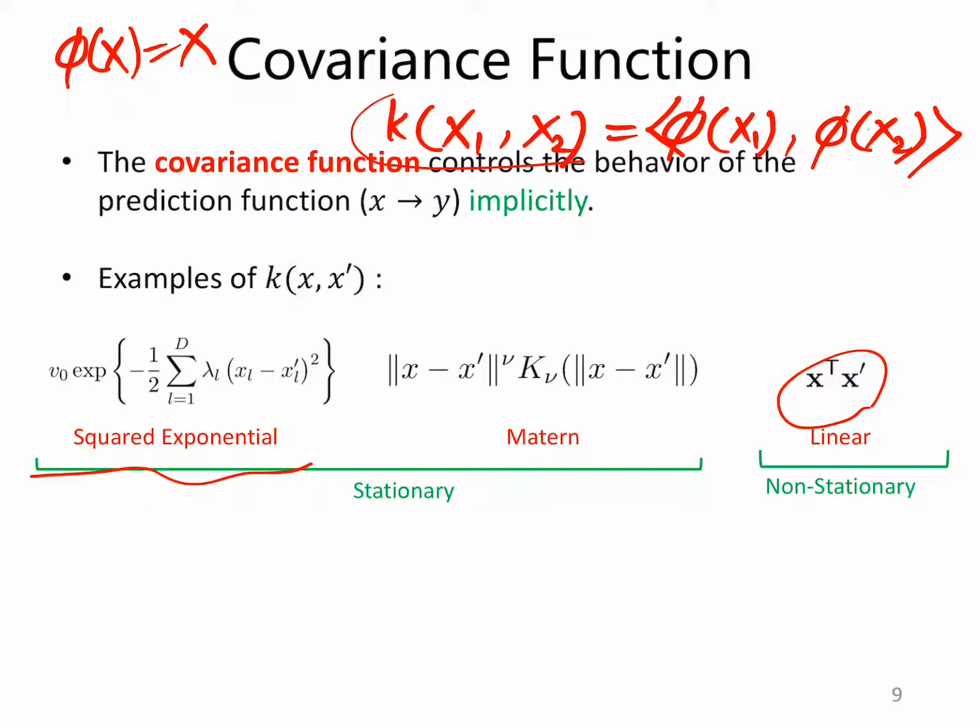My phi can be infinite dimensional. All I need to compute at the end is this inner product. It turned out that, for example, for the RBF kernel or the Matern kernel, the underlying phi that induces these kernels is infinite dimensional.